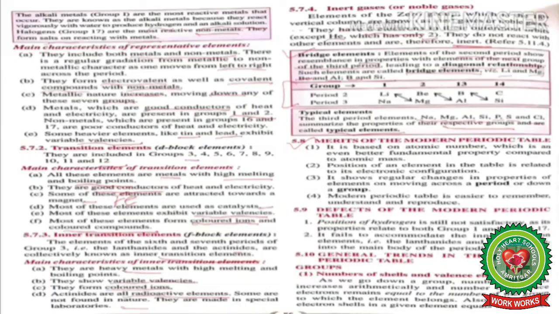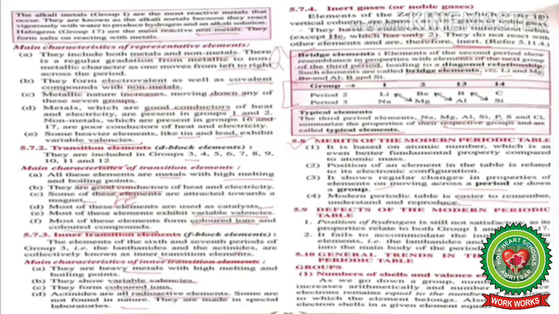Thirdly, it shows regular changes in the properties of elements on moving across a period or down a group. Fourthly, modern periodic table is easier to remember, understand and reproduce.